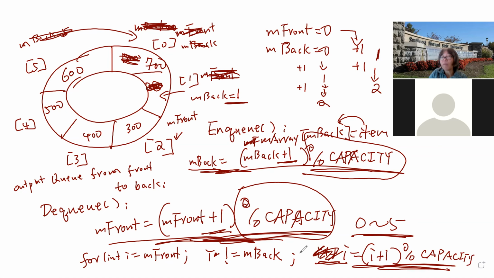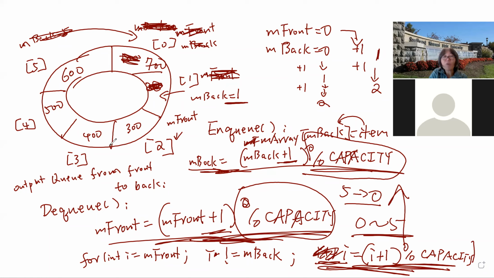Then the problem is solved. So it can wrap back from 5 to 0. This part takes care of those special cases.